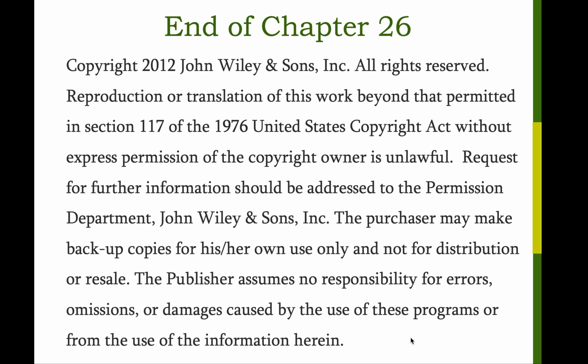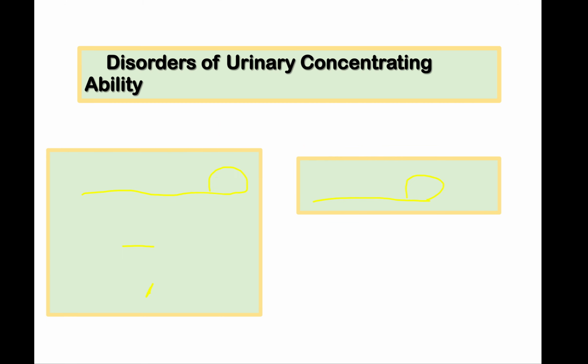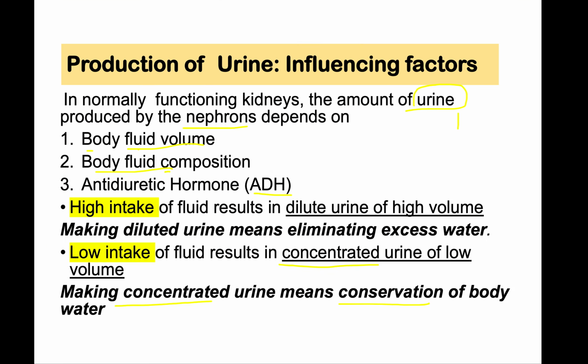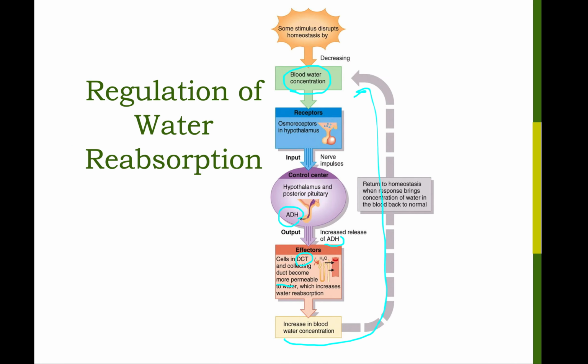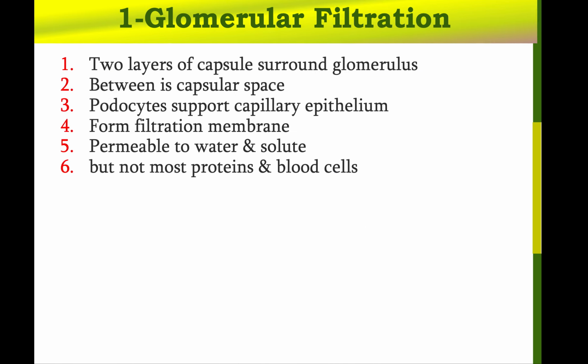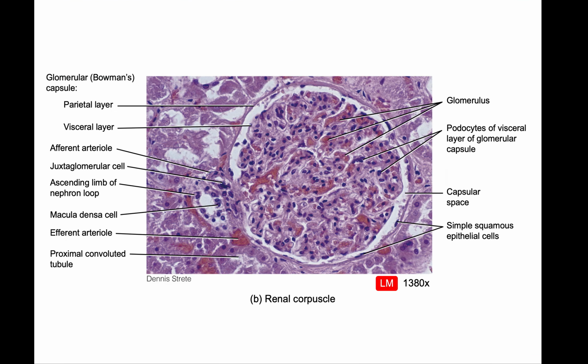Okay, so we finished this chapter, chapter 26, and let me go over the beginning here. From the beginning, of course, the very important part is the anatomic parts, and I'm going to ask you more in the lab.